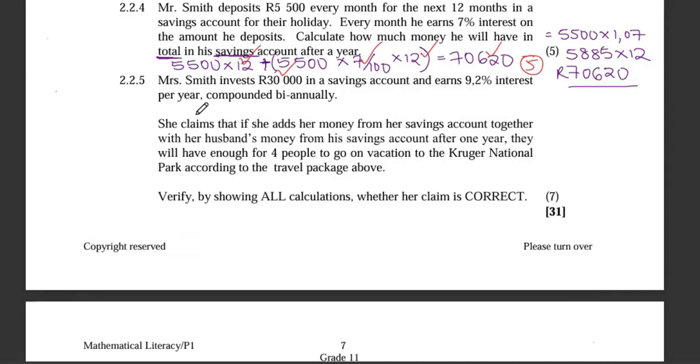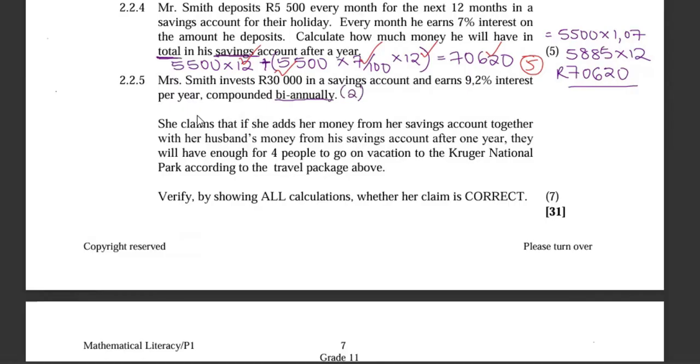Okay, Mrs. Smith, the wife, Mrs. Smith invests 30,000 in a savings account and earns 9.2% interest per year, compounded biannually. Biannual simply meaning twice a year, which is half yearly.